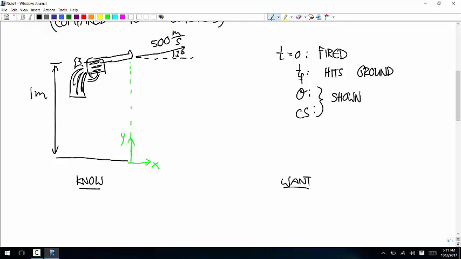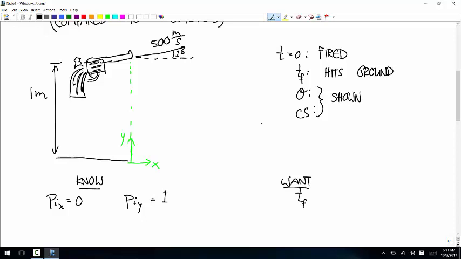Do we know anything about the initial position? Yes. 1 meter up, how far horizontally? Yeah, so PIX is 0, PIY is 1. We're trying to find time final.